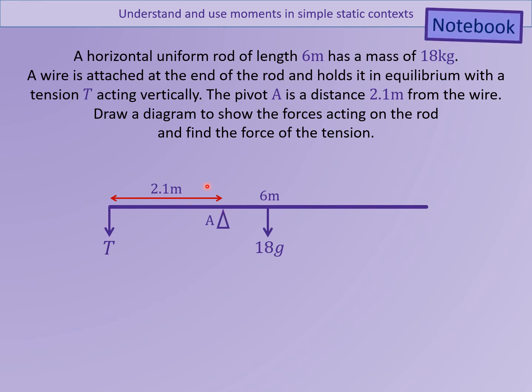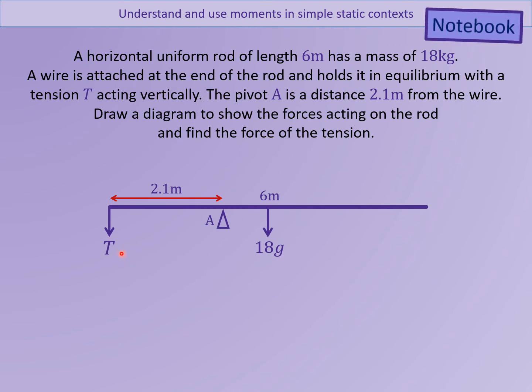So because it's in equilibrium, being held in equilibrium, that tension force has got to be in the opposite direction to that one. So this is pulling down clockwise, this tension is pulling down anti-clockwise. And if you'd accidentally put it going straight up, no problem, you can sort it now and have it go straight down.